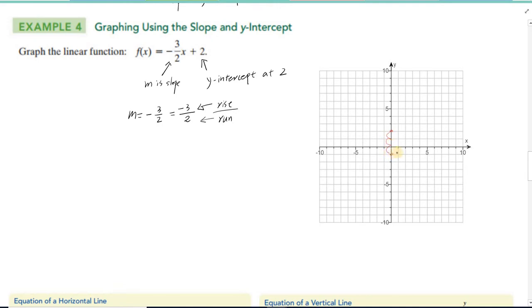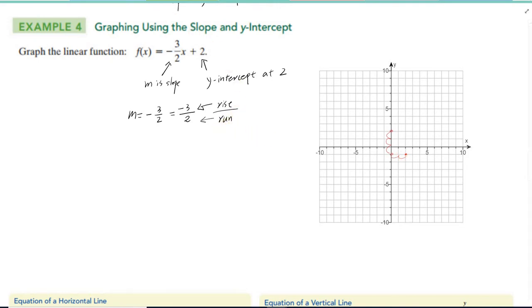Now from here, I'm going to run, because it's positive, I'm going to go right 2. So I count here, I'm going to write a 2. So then I have my second point. Again, since it's negative 3, I'm going to go down 1, 2, 3. And then from there, I'm going to go right 1, 2, because it's a positive 2.